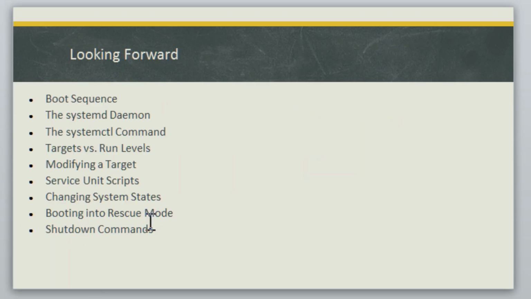In our next session, we're going to go over boot sequence, the systemd daemon, the systemctl command, targets versus run levels, modifying a target, service unit scripts, changing system states, booting into rescue mode again, and shutdown commands.